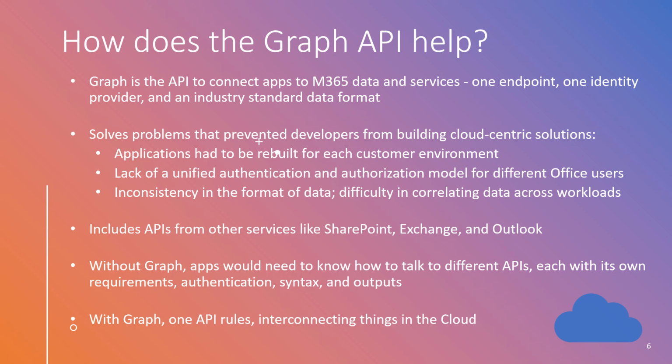Without Graph, your app would need to know how to talk to many different APIs, each with their own requirements, authentication, syntax, and outputs, which was not ideal. We did not want things that interacted differently. With Graph, we have one API that everything is moving to. There is this shift to one API to rule them all. With Graph, things are interconnected, which greatly helps.